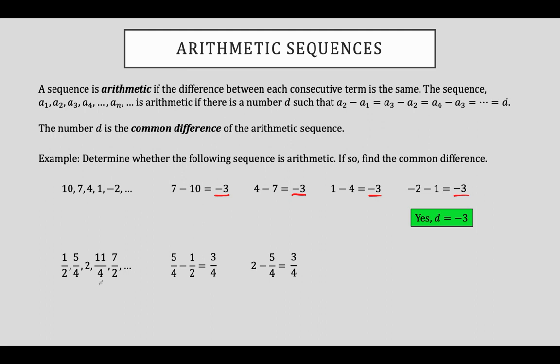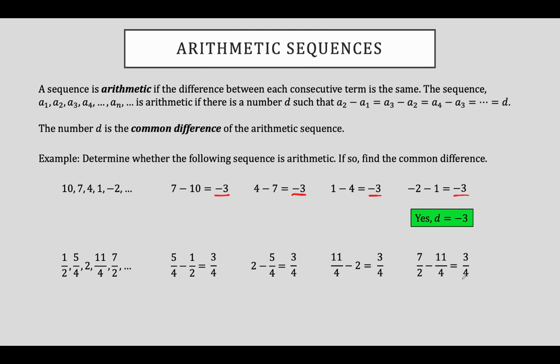I can now take the fourth term and subtract the third term. 11 over 4 minus 2. 11 over 4 minus 8 over 4 gives me 3 over 4. And finally, I can take the fifth term here, 7 over 2, and subtract the fourth term. 7 over 2 minus 11 over 4. That's 14 over 4 minus 11 over 4, which gives us 3 divided by 4.